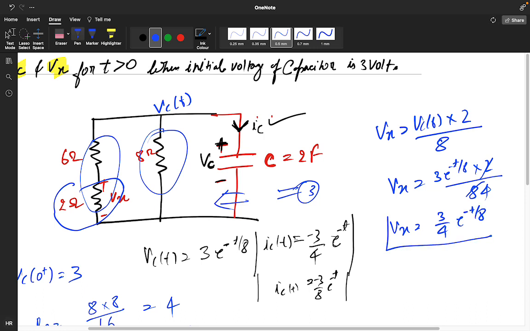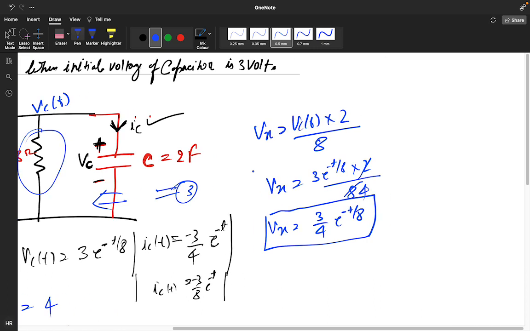So guys, what I told you, you need to find the value of IC. What is the equation for IC? I is equal to C into dv by dt. So I is equal to C into d by dt of the VC equation you got, 3 e power minus t by 8.